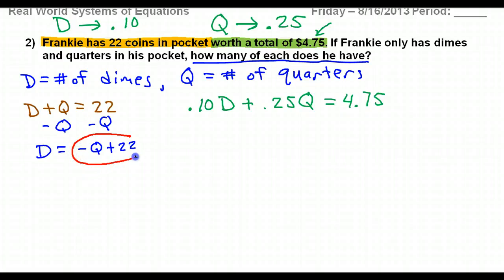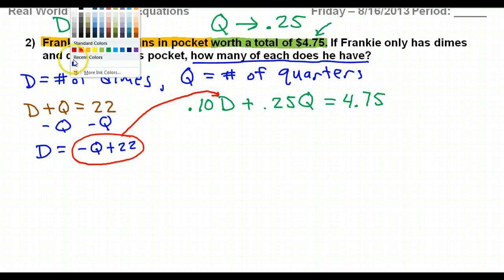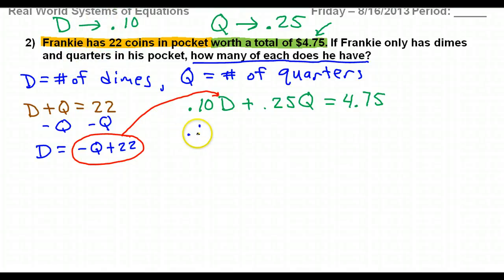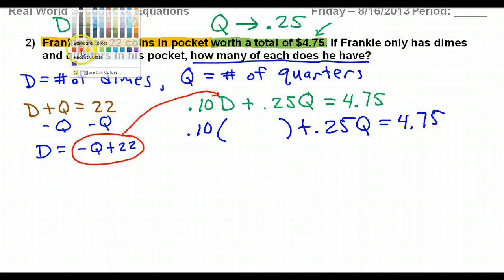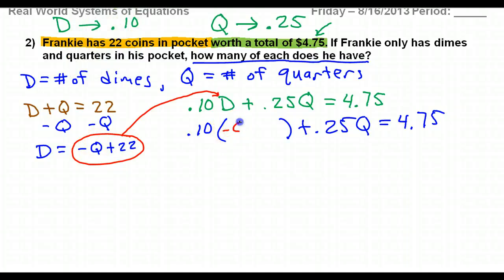So I can take all of this and just substitute it in for D. So that's going to be like this. 0.10 parentheses plus 0.25Q is equal to 4.75. And of course in here will be the negative Q plus 22.